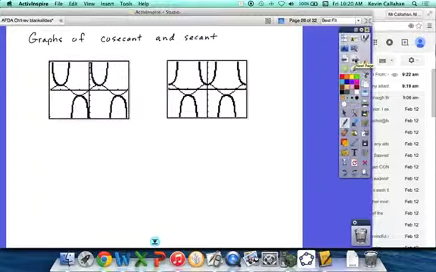So again, there's the cosecant and the secant. This is the cosecant, so there's the sine, and this is the secant, so there's the cosine. You can see the relationship between the two.